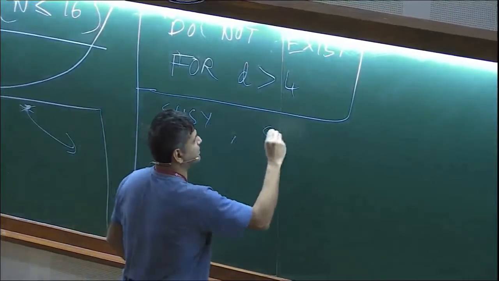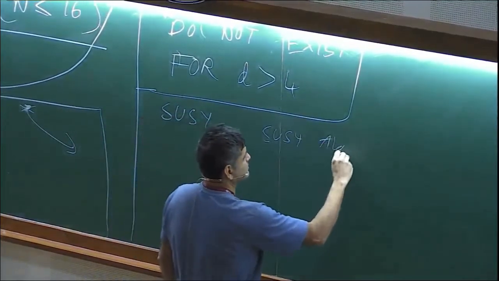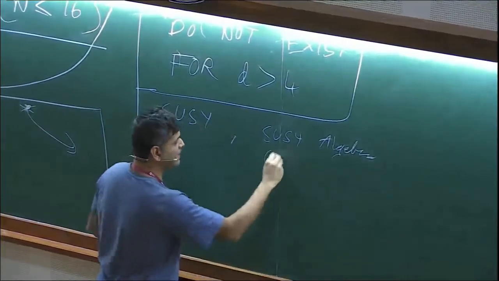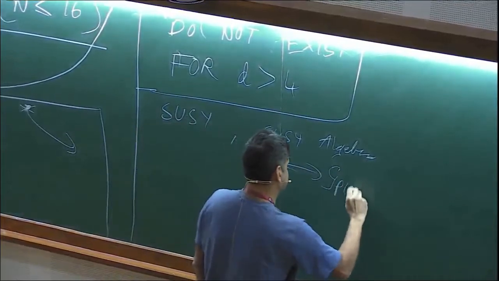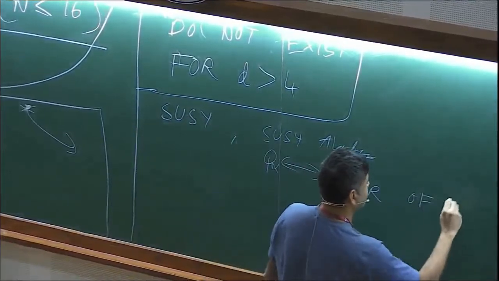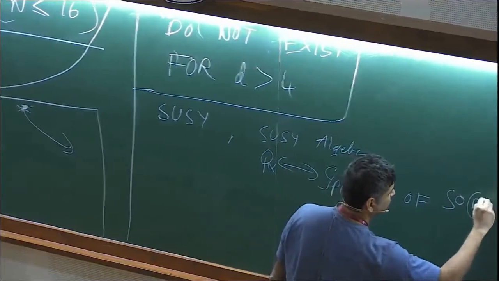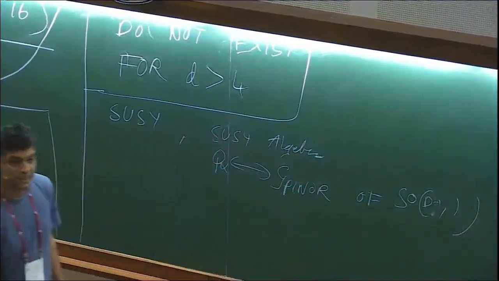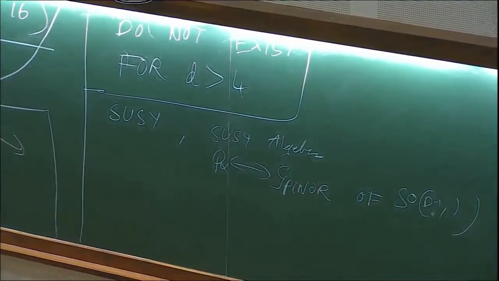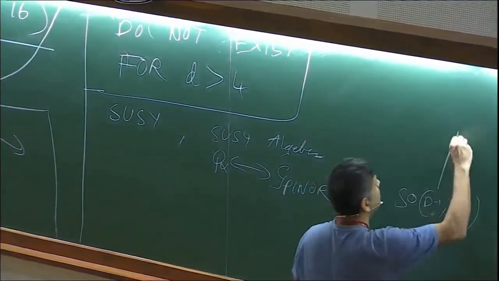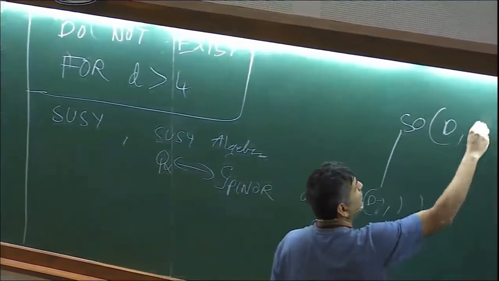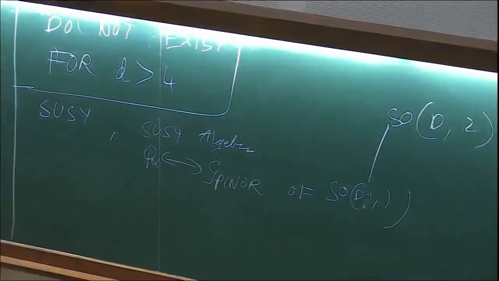It implements the SUSY algebra, and recall that in the supersymmetry algebra, Q was in a spinor of SO(d-1,1). But if you've got a non-trivial conformal field theory, then the Lorentz algebra is enhanced to SO(d,2), the conformal algebra. This all of you know, right?